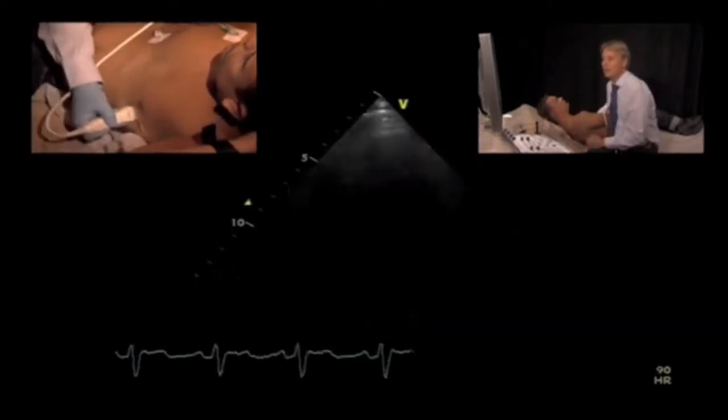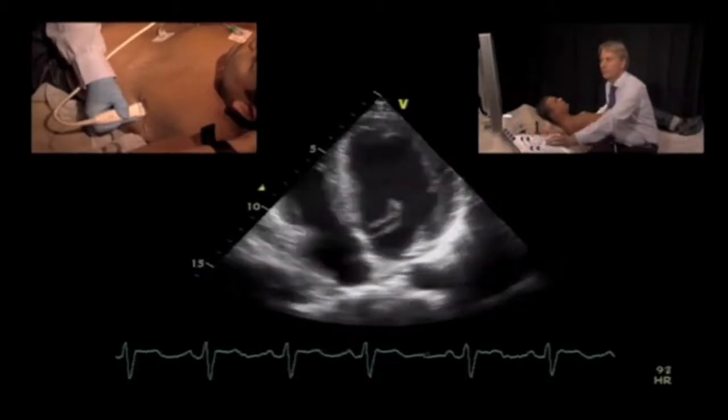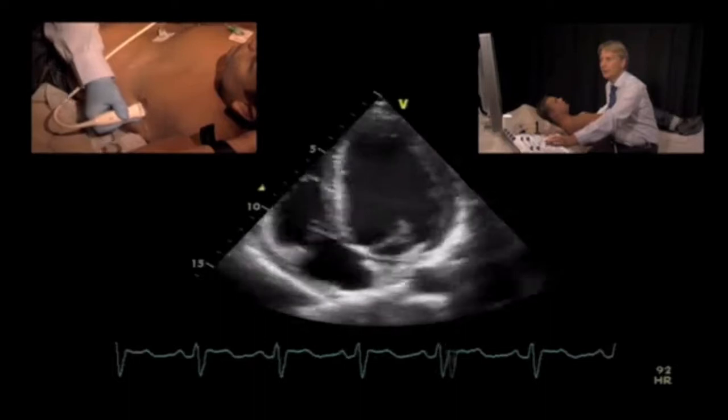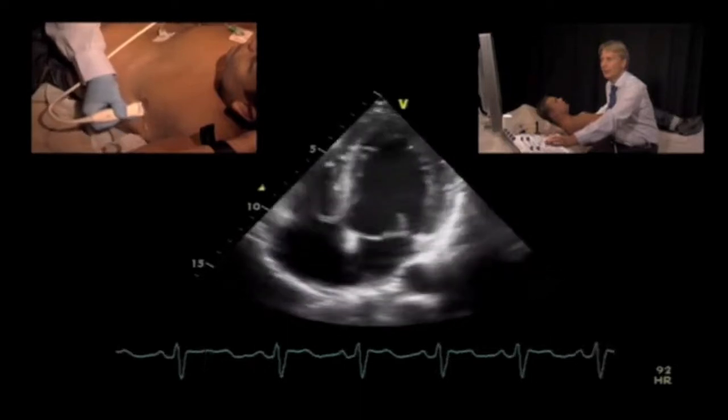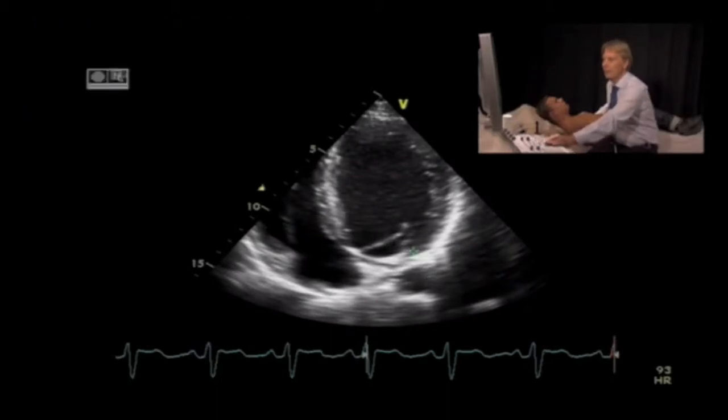This can also be seen here in the four-chamber view. Hyperdynamic left ventricular function. Let's see how large the left ventricle really is. We'll calculate the end diastolic volume. We probably have some degree of foreshortening here, so we probably underestimate the true volume of the ventricle.